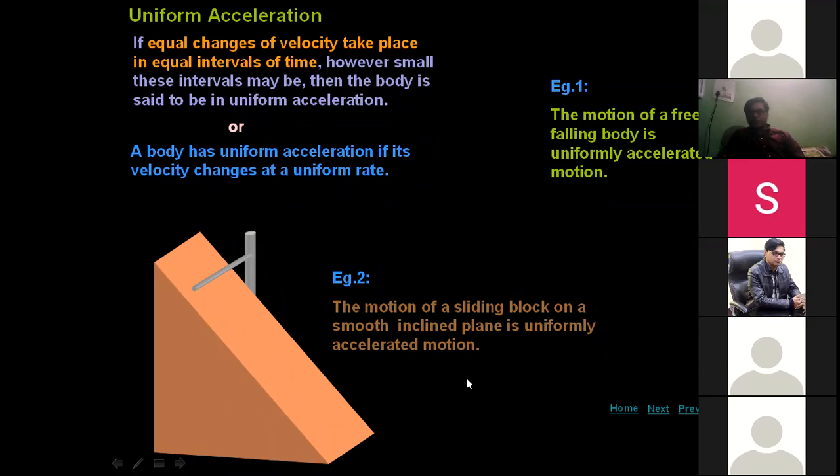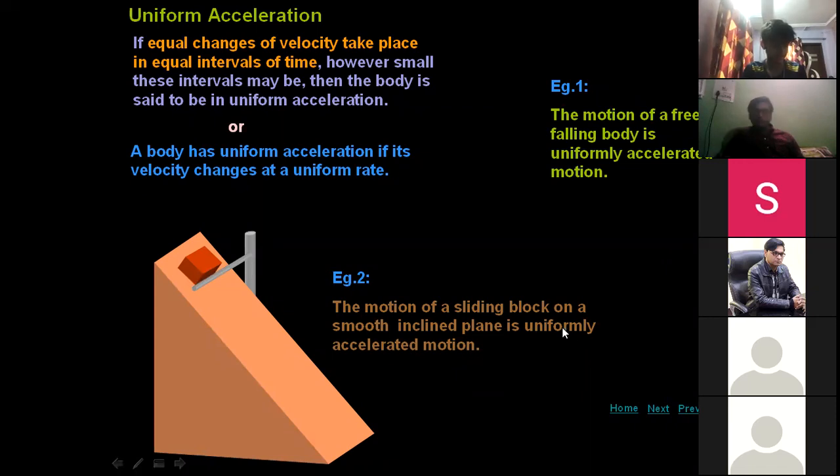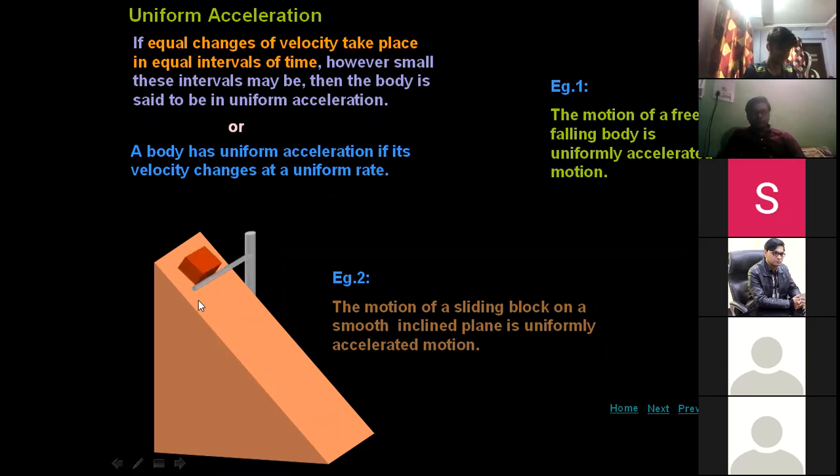The motion of a sliding block on a smooth inclined plane is uniformly accelerated again. When you remove the support from the block which is kept on the inclined plane, it will slide down.